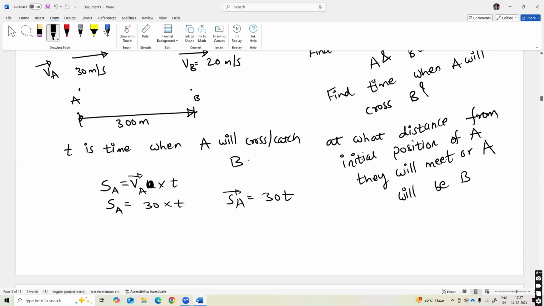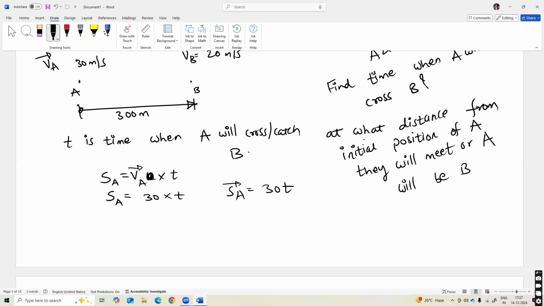Now let's find out the distance traveled by B. SB is equal to VB into T, so SB is equal to 20T.